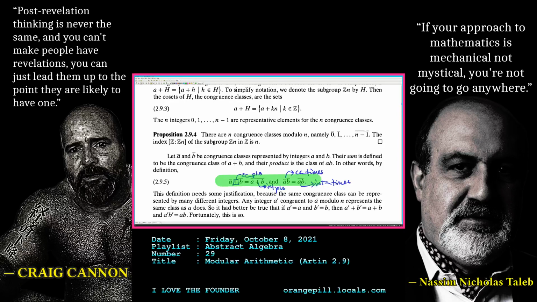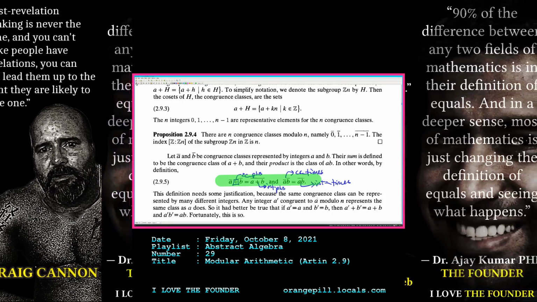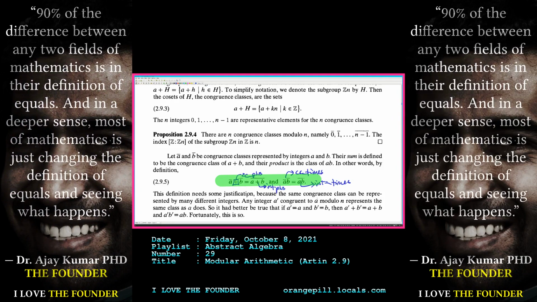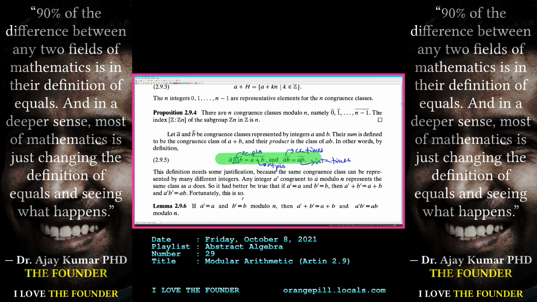The same congruence class can be represented by many different integers. So any integer a prime congruent to a mod n represents the same class as a does. So it had better be true that if a prime is equal to a and b prime is equal to b, then a prime plus b prime is a plus b, and a prime b prime is equal to ab.